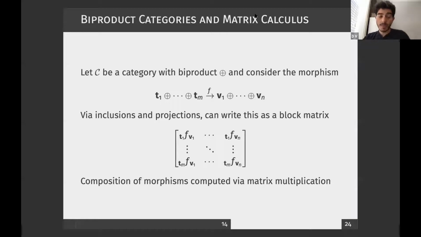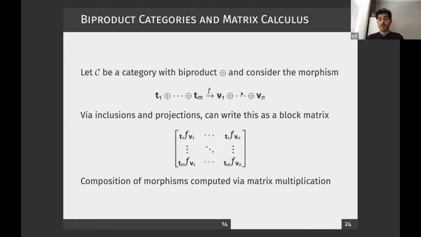What's special about biproduct categories is if you have a morphism from a direct sum of a bunch of things to a direct sum of a bunch of things, we can extract components on both sides by inclusions and projections to get exactly how a TI interacts with a VJ.